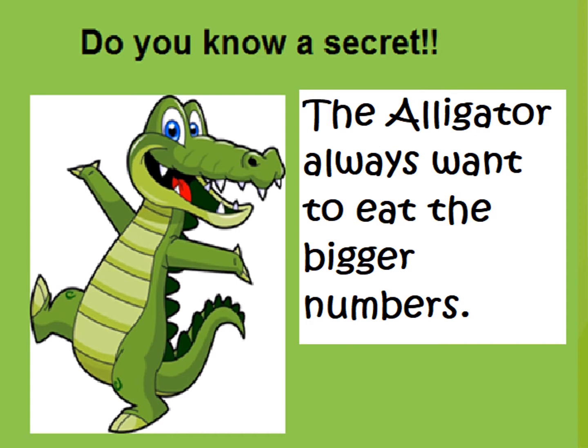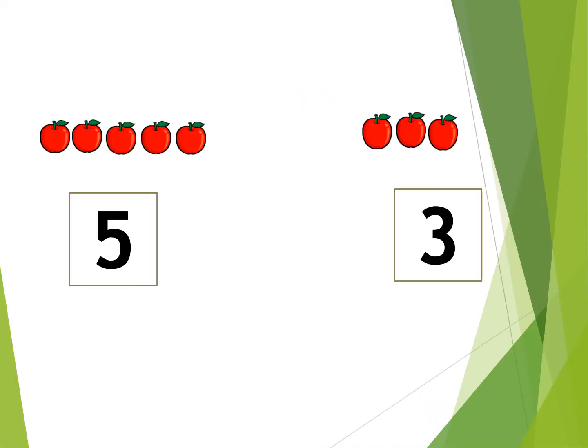Let us see how it's going to help us. Here you can see there are 5 apples and 3 apples. The alligator is very hungry, sharing the secret with you all. So it wants to eat the apples. So recall what is the secret? The alligator always wants to eat the bigger number. So which one is the bigger number now? Is it 5 or 3?